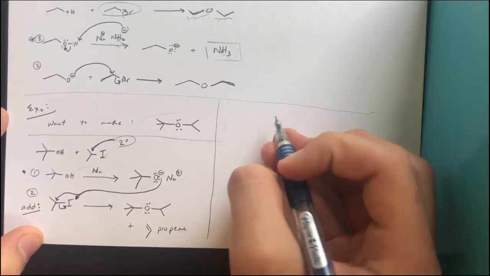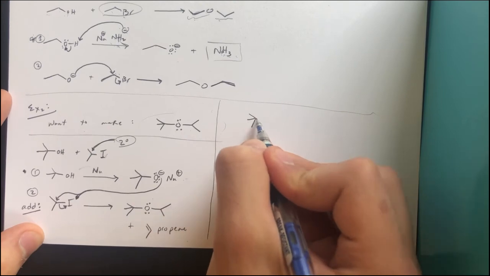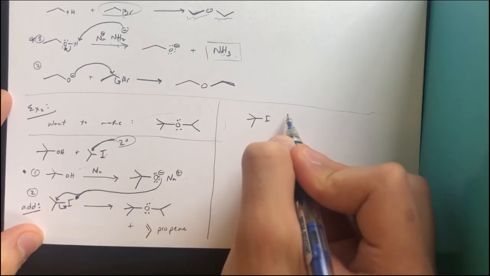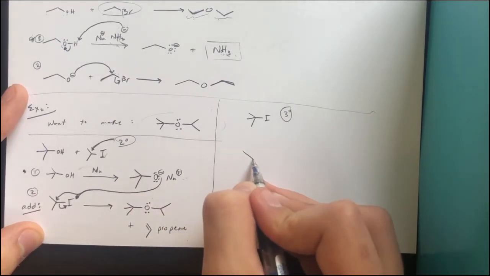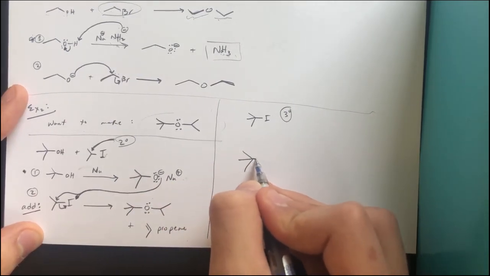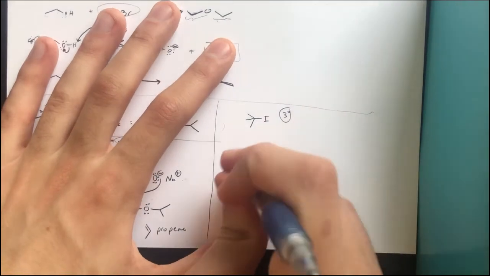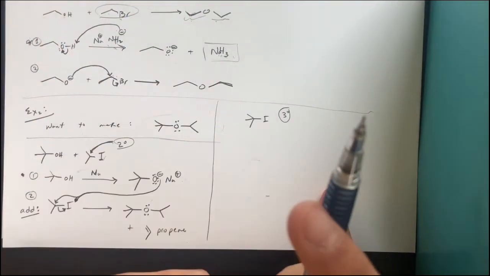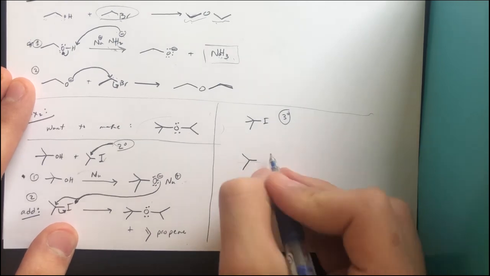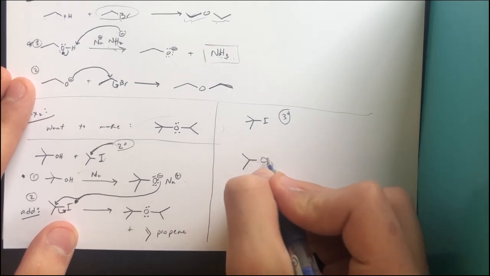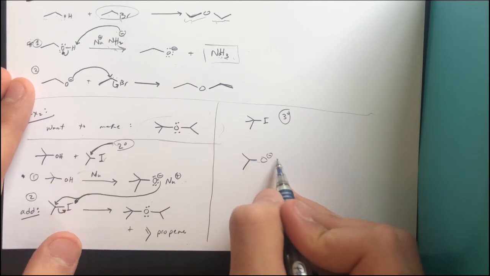If we chose it to be the tert-butyl or a tertiary alkyl halide, what will happen is that we'll get our isopropyl alkoxide, right?